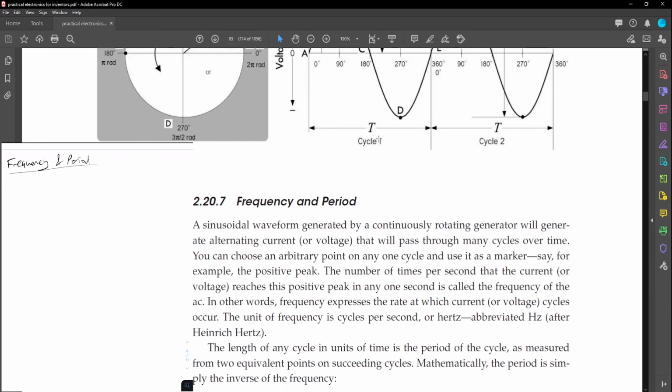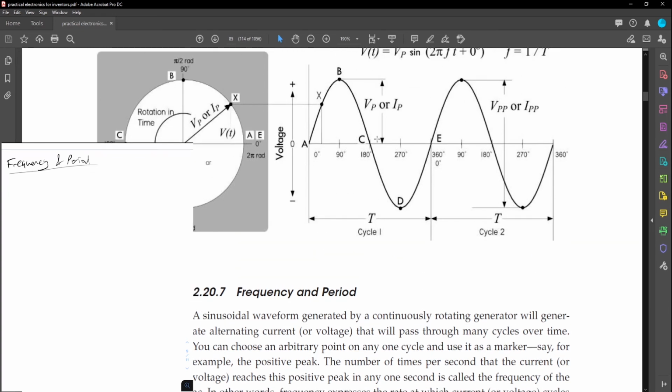Got it. So VP or IP is equal to peak voltage or current. Which, in case I forget, is... I can't draw one now.